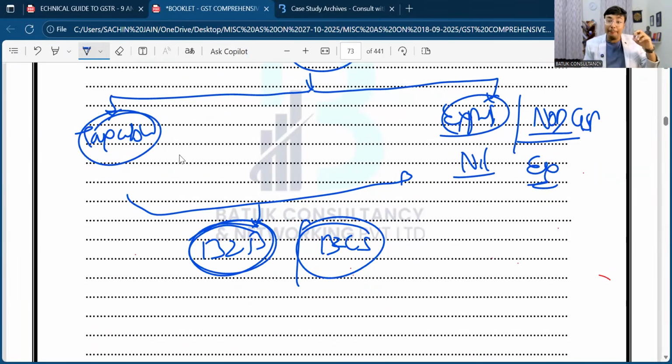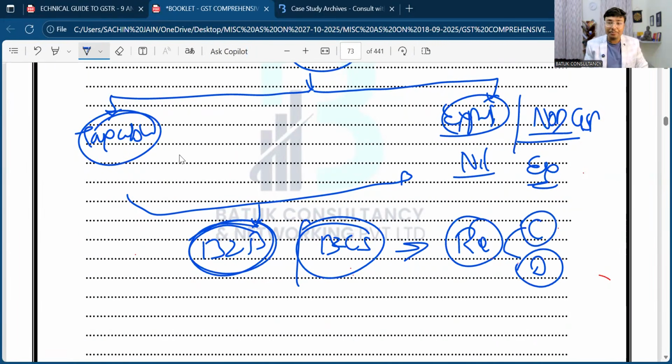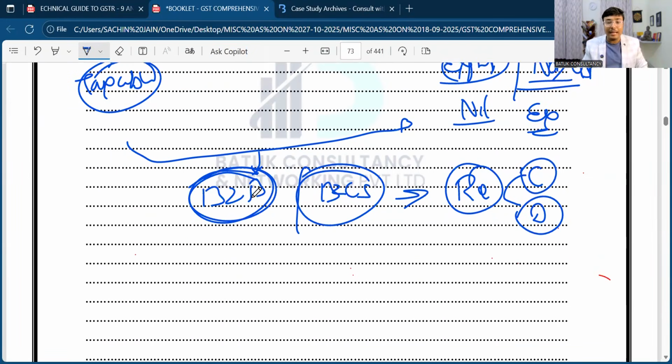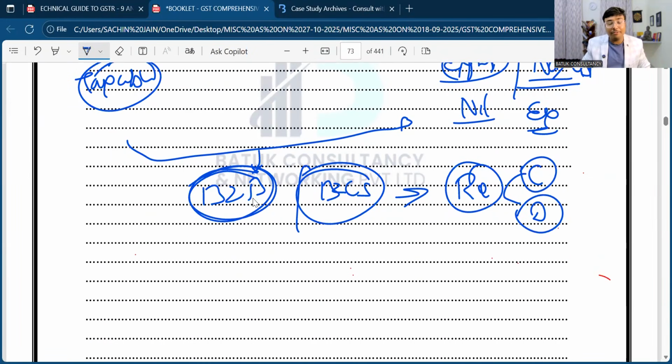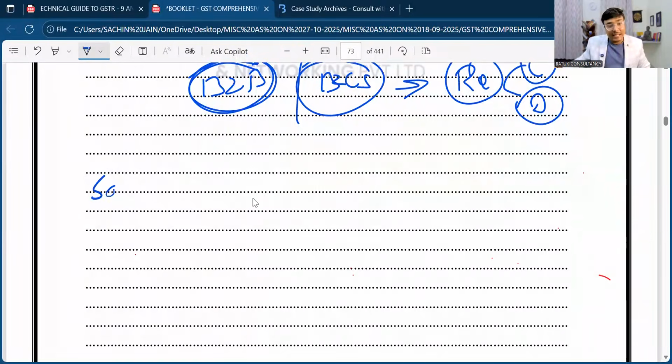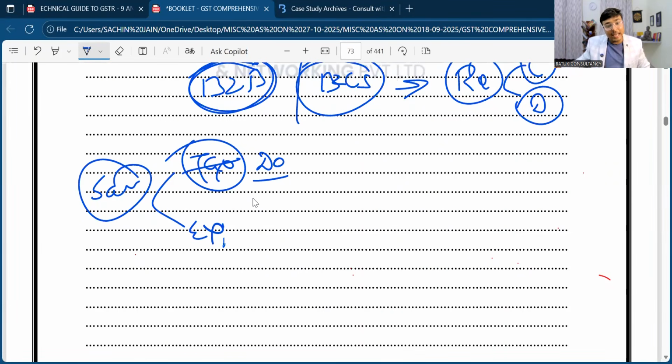When I am making the supply, there may be chances of return, that is called credit note and debit note. And from the perspective of sales, there is a domestic sales, there is an export, there is a special economic zone. These are the bifurcation of sales which we are making during the financial year.